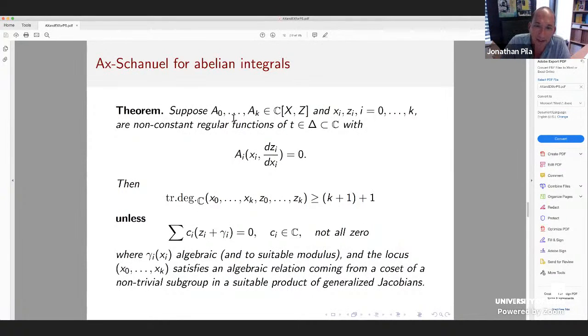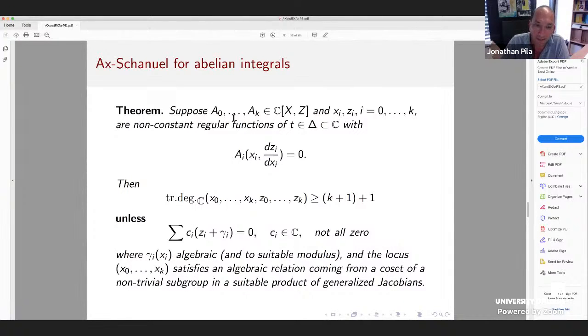And the statement is, again, that we've got K plus 1 pairs. So the statement is that the transcendence degree of all the xi's and the zi's is at least K plus 1 plus 1, unless, if you like, the zi's are linearly dependent.